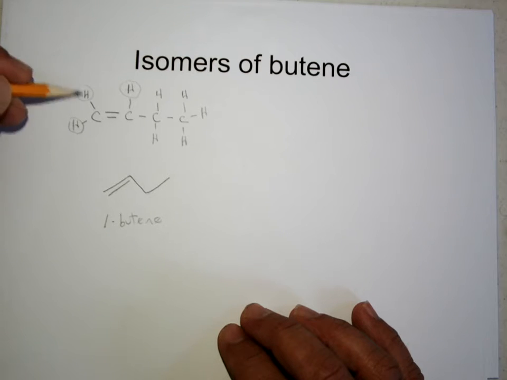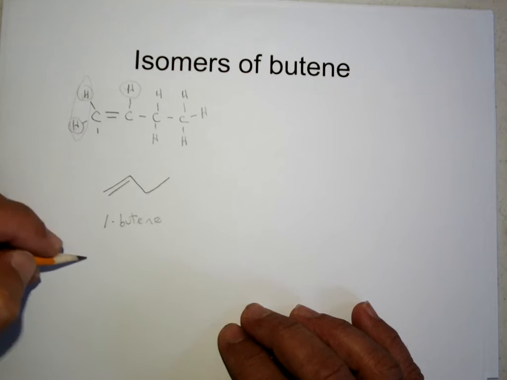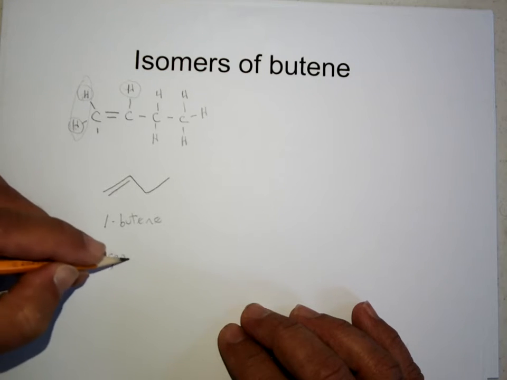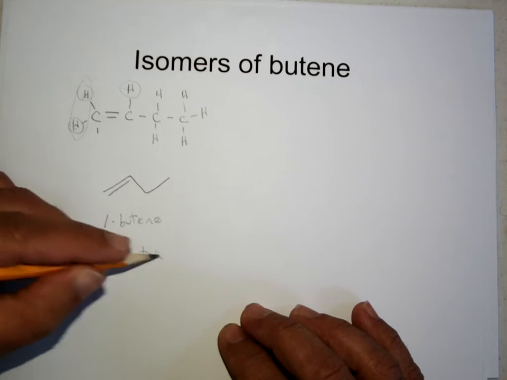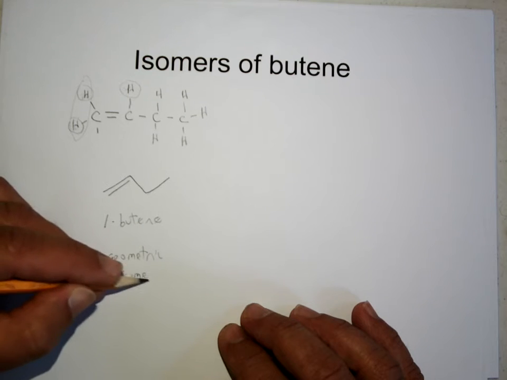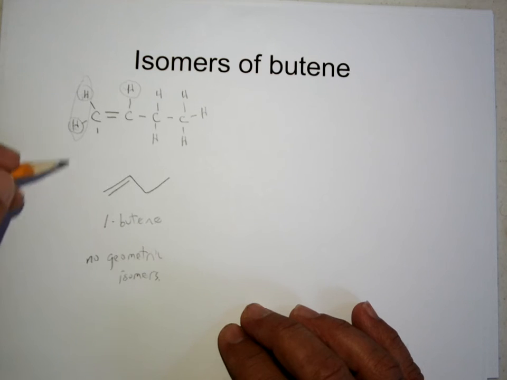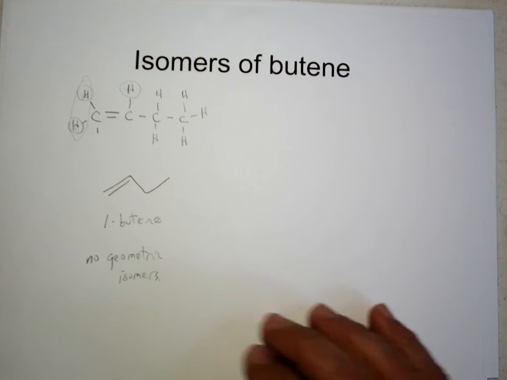Since on the first carbon there's 2 hydrogens rather than a hydrogen and an alkyl group, there's going to be a hydrogen both next to and across from the other hydrogen. So there are no geometric isomers. When you build it, it's going to be this molecule, neither cis nor trans for 1-butene.